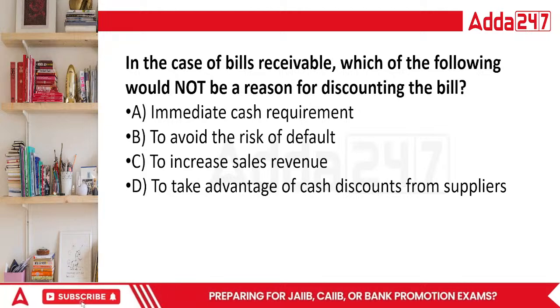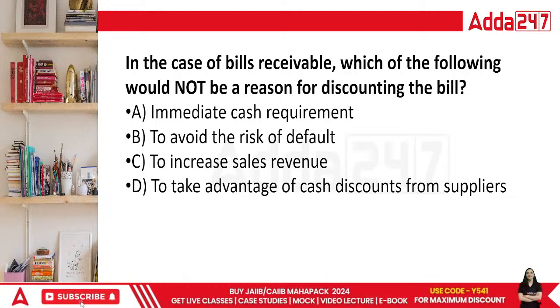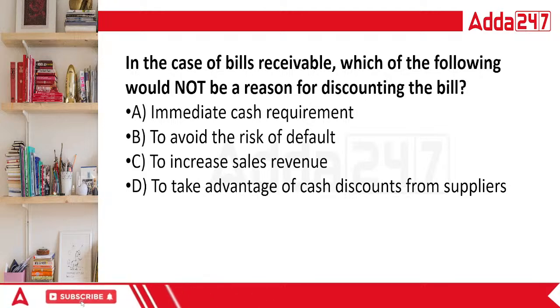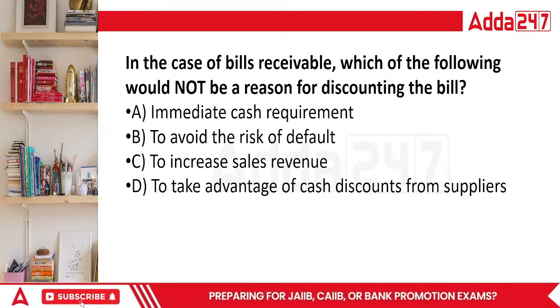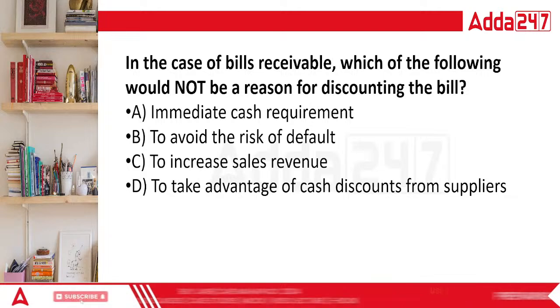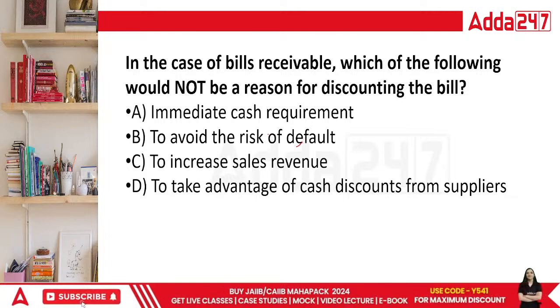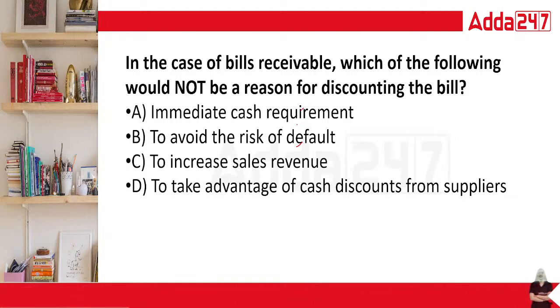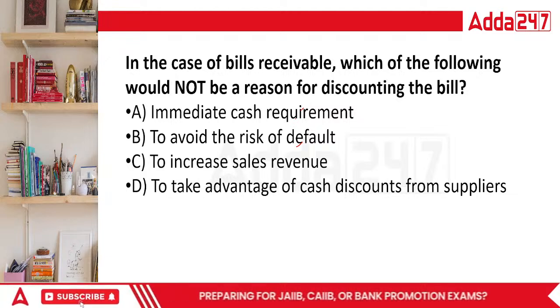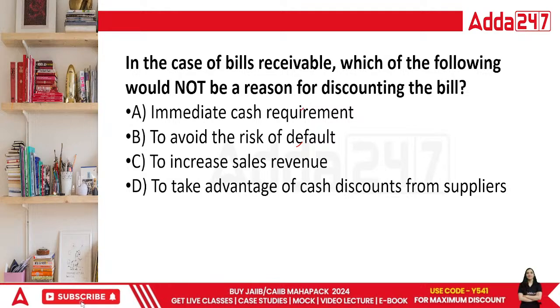Why would I discount the bill? Why would I sell the bill to someone else when I don't have enough funds? That's one of the reasons. Immediate cash requirement is actually a reason. To avoid risk of default, agreed. Sometimes you feel that the other party, if you give them a lot of time, will spend their money and will not be able to pay you back.